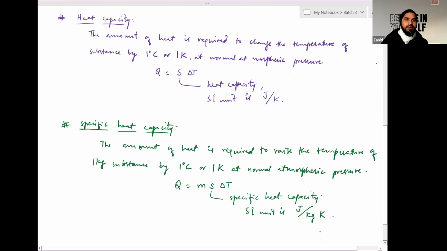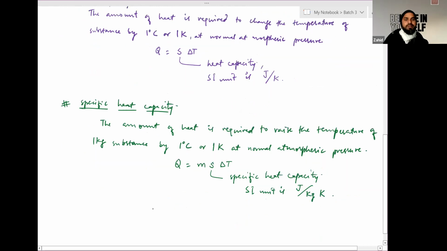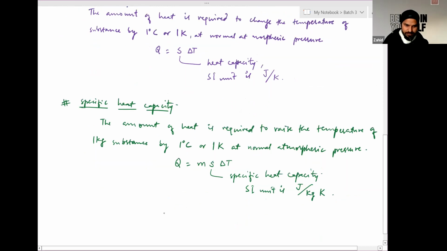For water, the specific heat capacity is maximum, which is 1 kilocalorie per kg per Kelvin.